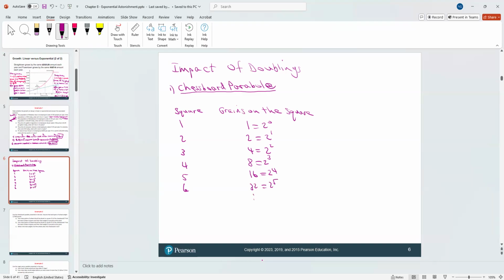If you go all the way down to the 64th square on the chessboard, it's going to give you 2 power 63. Please look on your tables to see how much it's going to be. So that would be a formula for us: 2 power n-1, right?